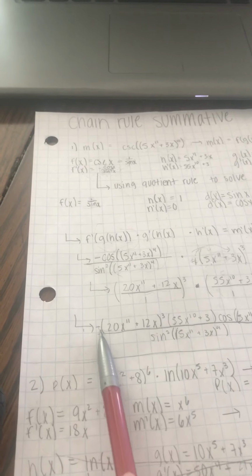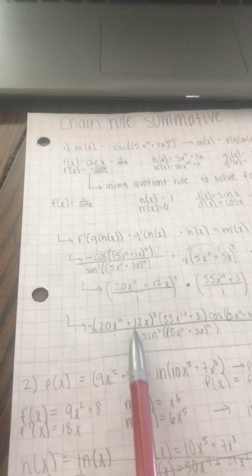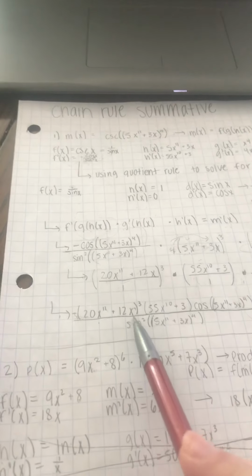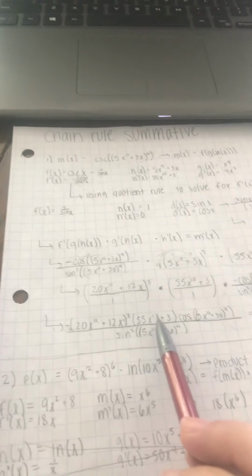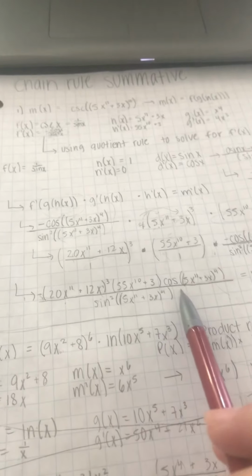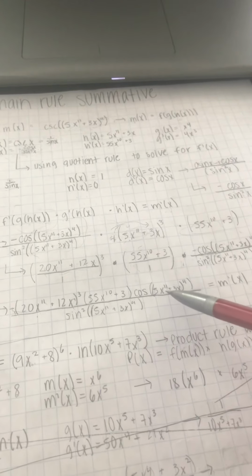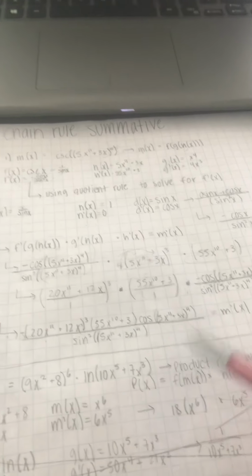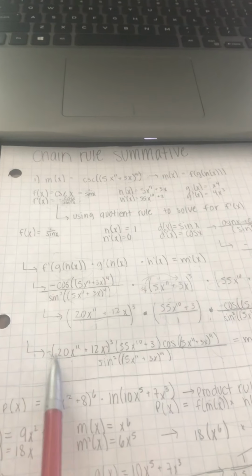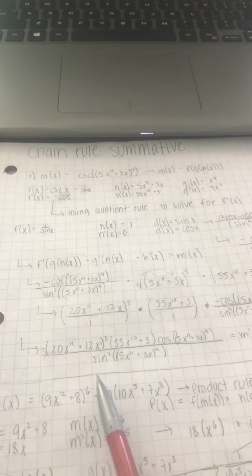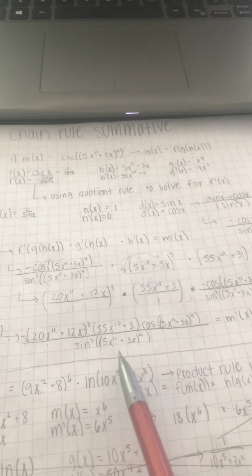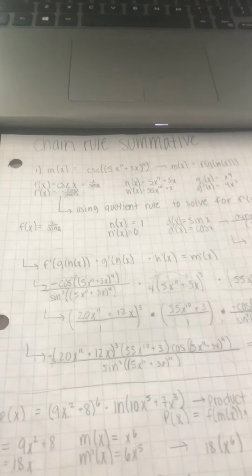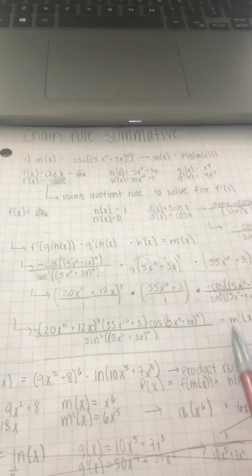So I got negative (20x to the power of 11 plus 12x to the power of 3), all to the power of 3, and then times (55x to the power of 10 plus 3) times cosine of (5x to the power of 11 plus 3x to the power of 4), and then that's all negative. I don't know if I said that. That's all over sine squared of (5x to the power of 11 plus 3x to the power of 4). And that's my derivative.